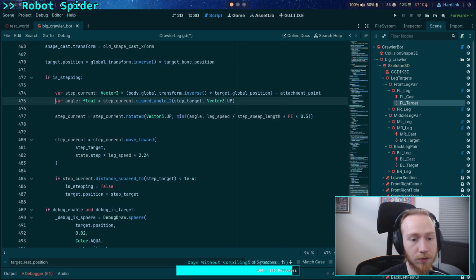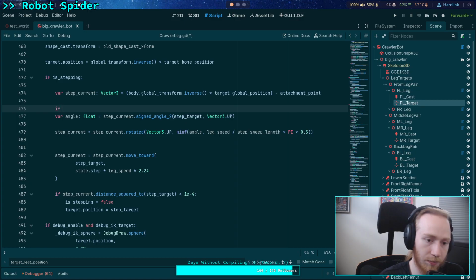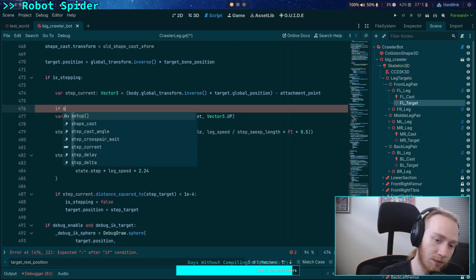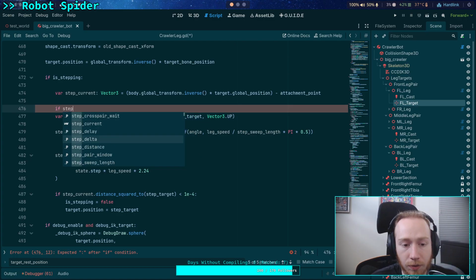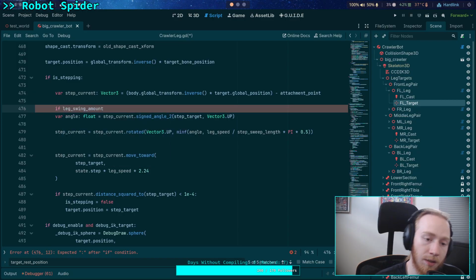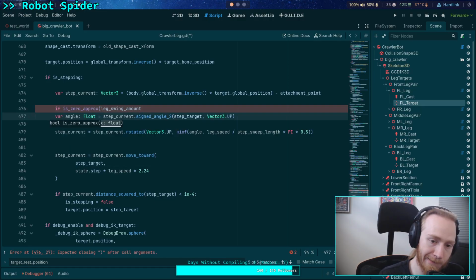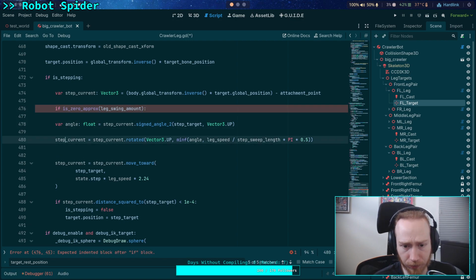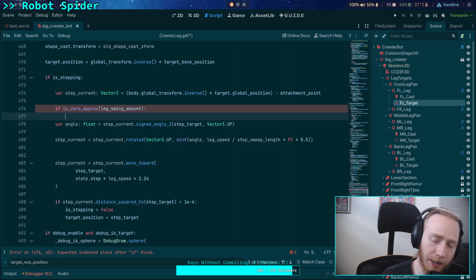Well, if, what is it called? Step leg swing amount. If it's approximately 0, I do something very simple. I will just interpolate it linearly.